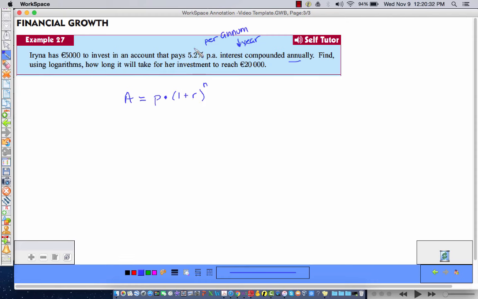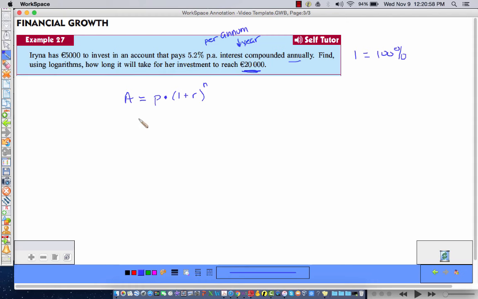And we're not looking for the amount of interest, we're looking for the total investment. That's why I need to put in a 1, because a 1 written as a percent is equal to 100%. So I'm going to be adding the interest because it's 100% plus the interest rate. So I'll be adding the interest to the principal, thereby giving me the total amount.